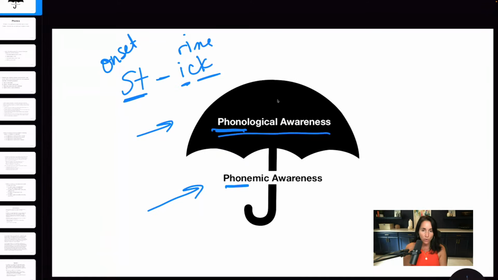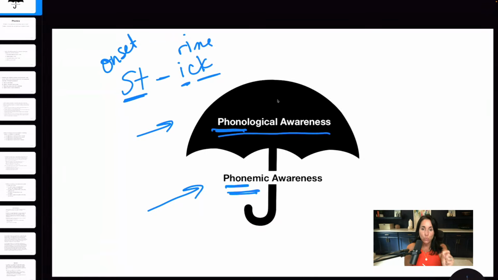Notice that the word is broken up by 2 sounds, st, ick. That is phonological awareness. I could also say, break up the word apple by syllables, and they might go ap-ple, 2, right? There are lots of ways to break up the word with phonological awareness, but it's typically breaking up larger chunks of the word.